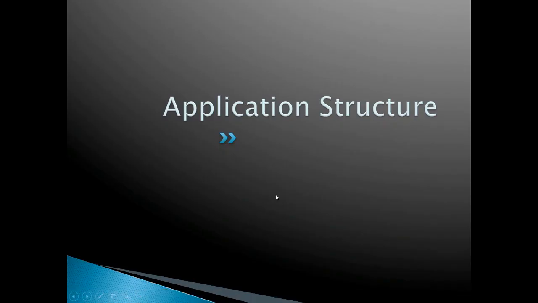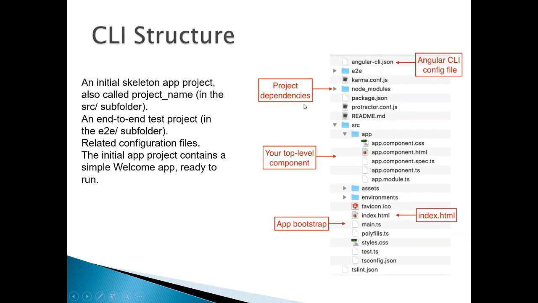Now going back to the slides, this is the same structure which is going to be explained. Angular CLI, E2E end-to-end testing, Karma test runners, and the source folder which has an app component. App component has 4 files. We have app.module.ts, which is the module file. We have the index.html, which is our main file.